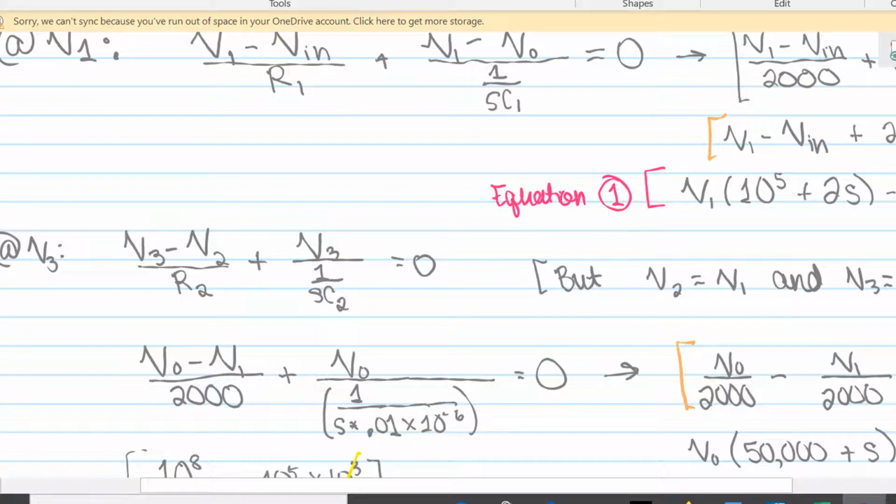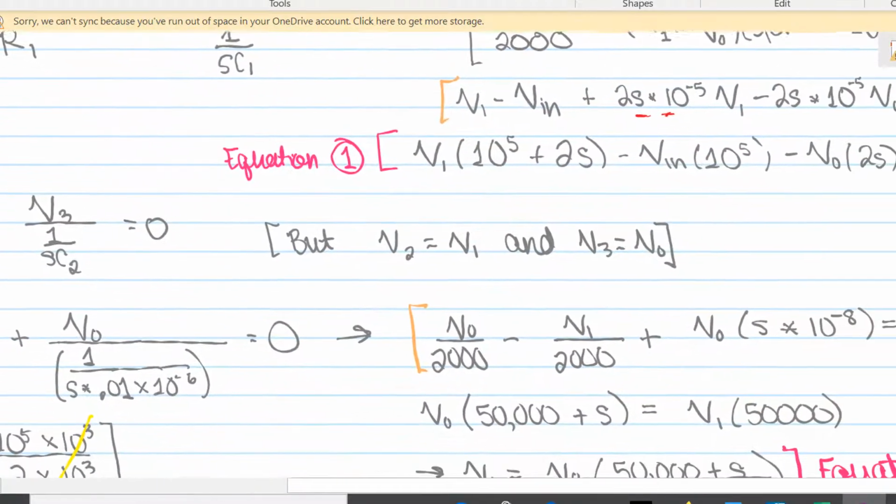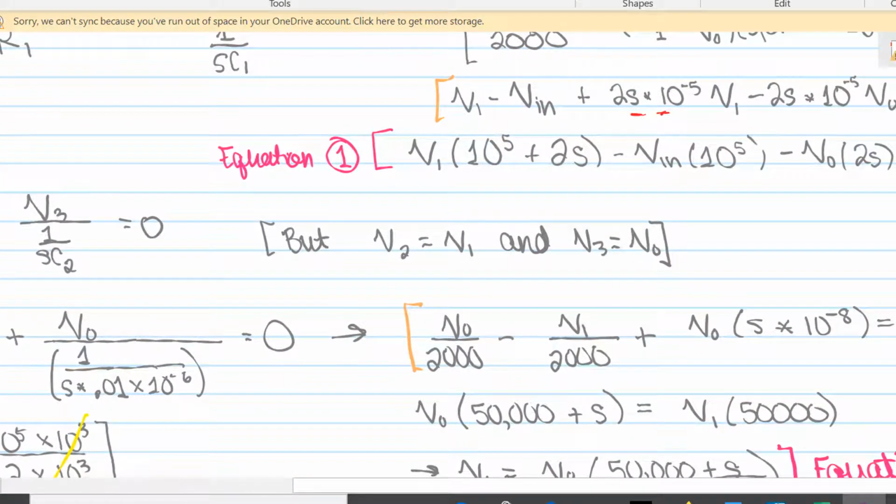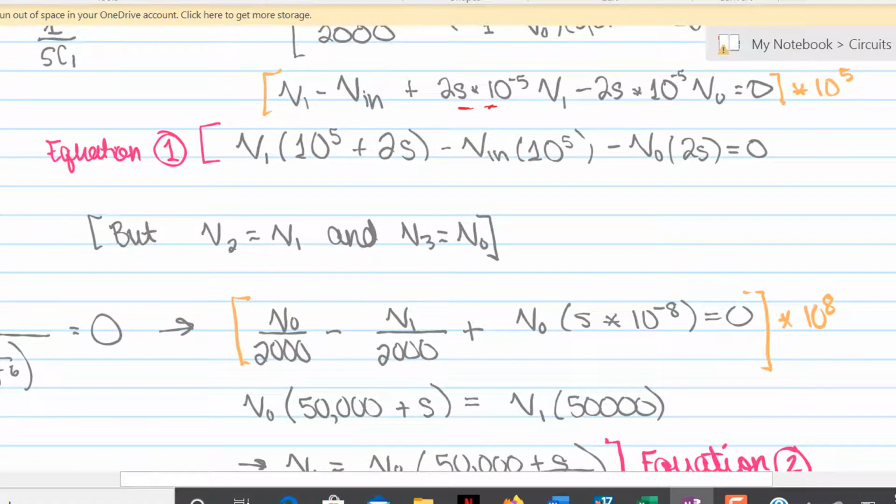Again, instead of dividing by a fraction, I multiply by its reciprocal. Again, I didn't want to deal with negative exponents, so I multiply by 10 to the 8th, and 2,000 goes into 10 to the 8th 50,000 times. So multiplying by 10 to the 8th got rid of the fractions as well.